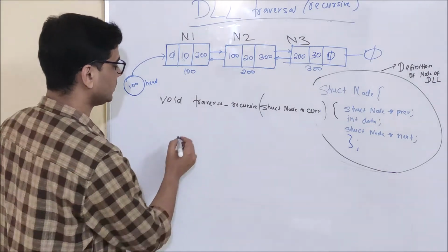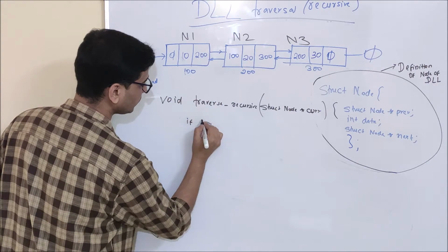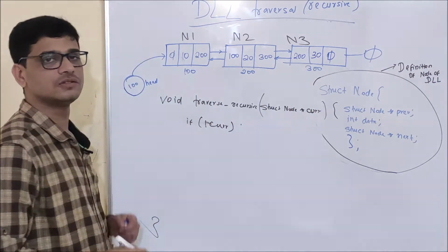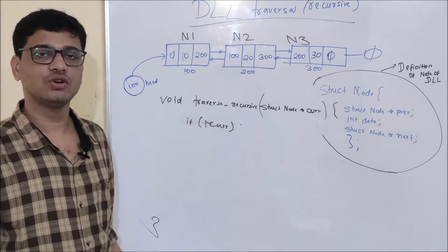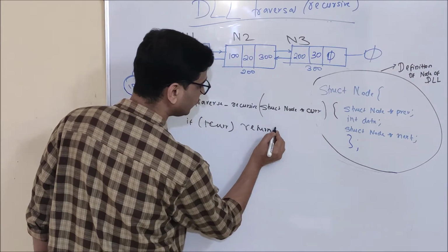So first of all, we will check if cur is null or not. If cur is null, that means I have nothing to print, and in this case what I am going to do, we will return.